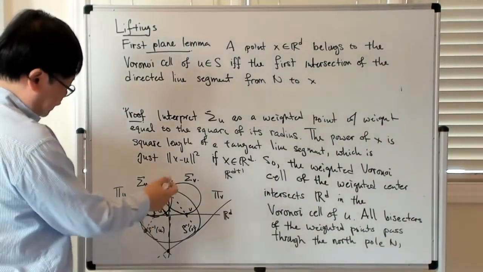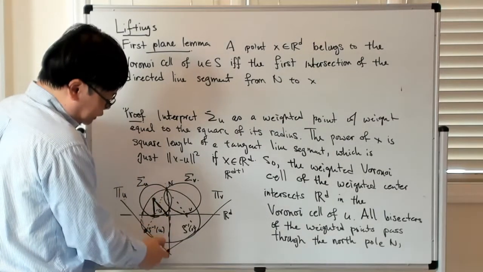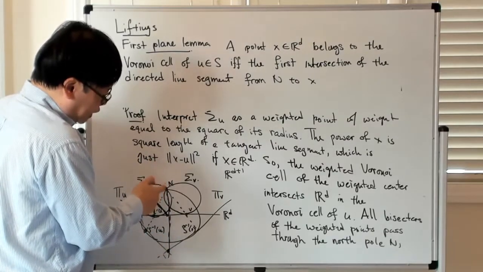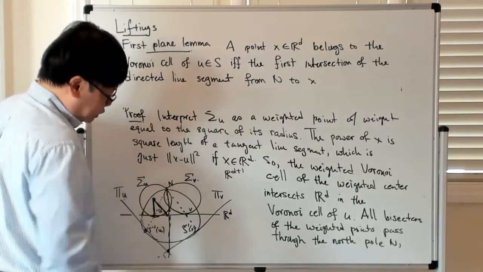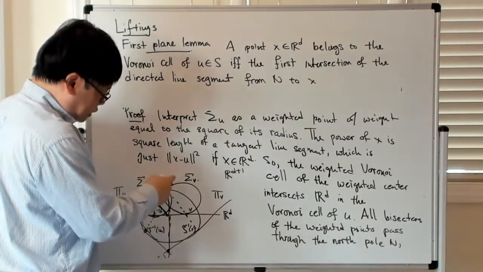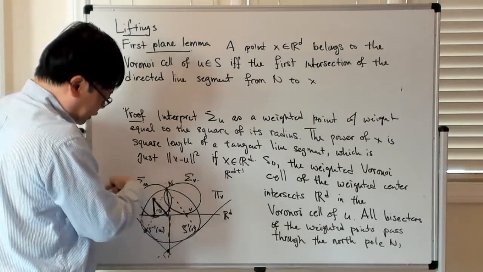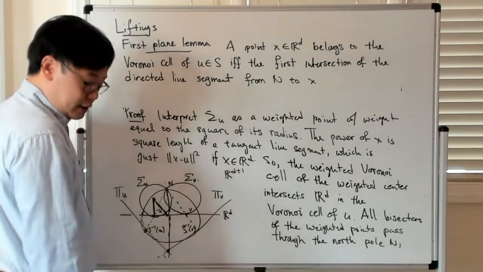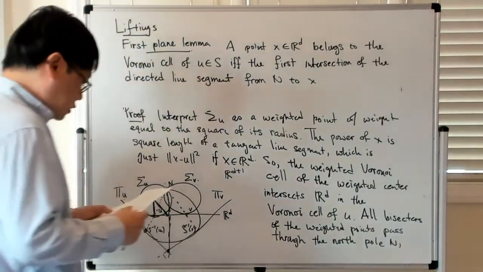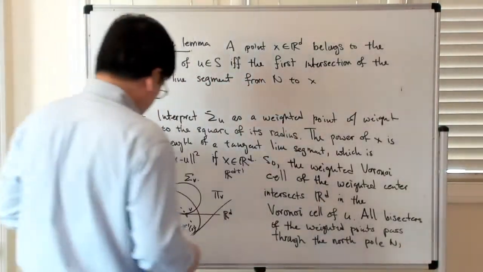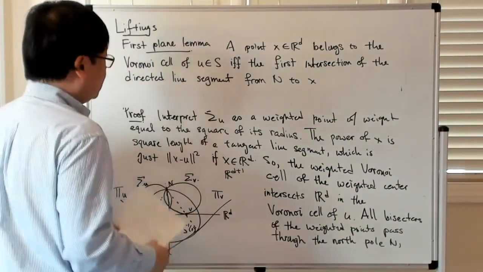This is perhaps easier to see, because you know that the line from the North Pole to the intersection of these two hyperplanes is exactly the bisector in this weighted sense. So depending on whether you go from the North Pole to X and hit first this hyperplane or that hyperplane, that tells you whether you're to the left or right of that bisector. And when I say left or right, I really mean which side you're on.